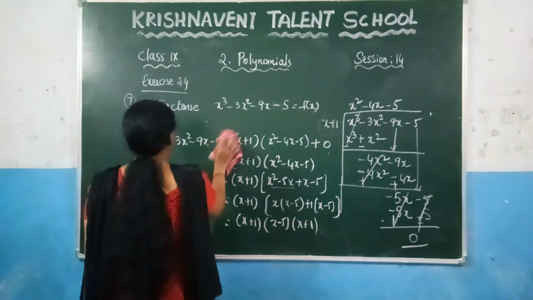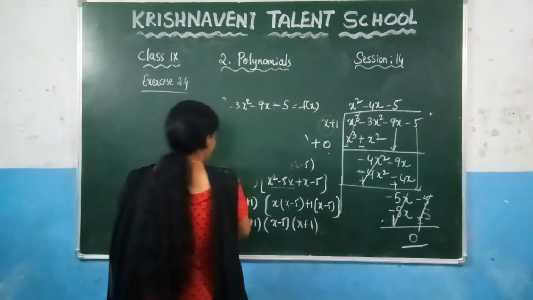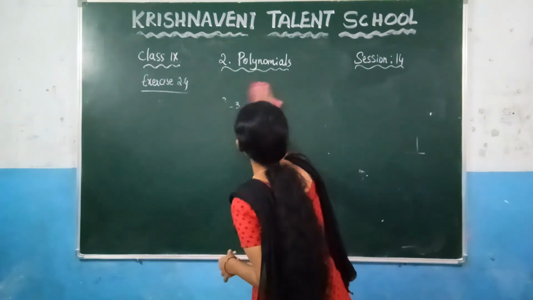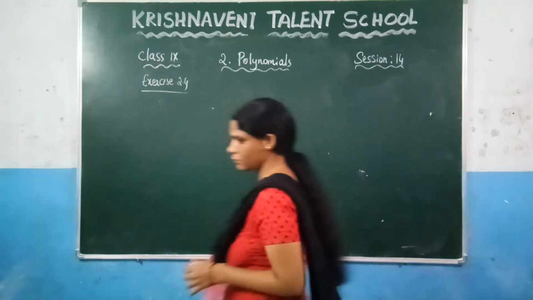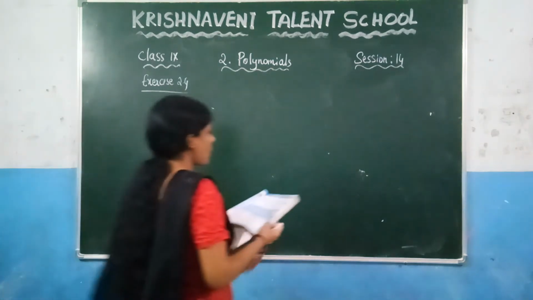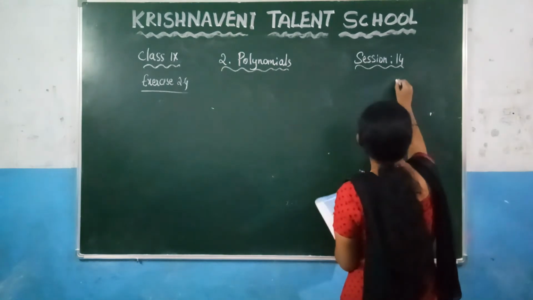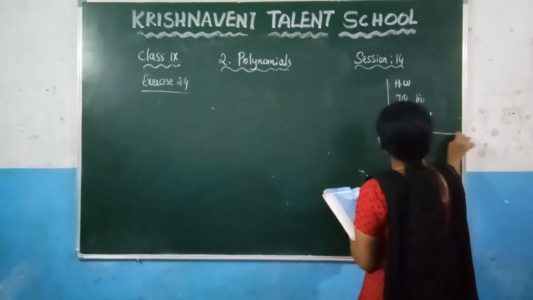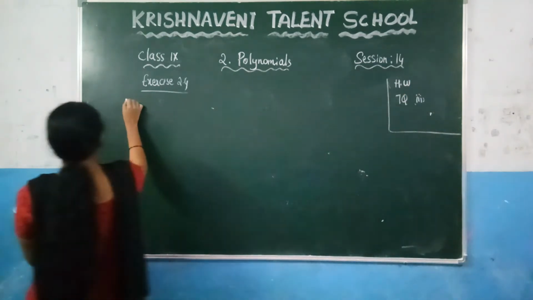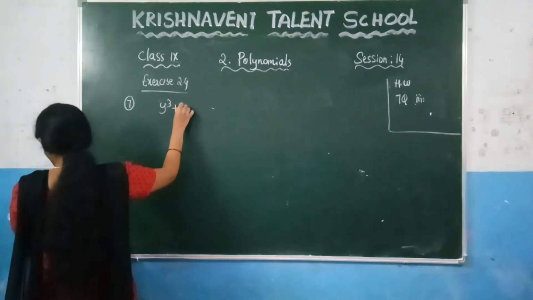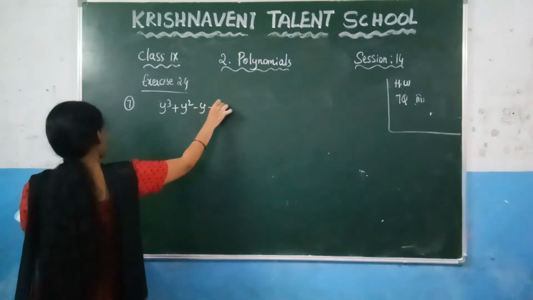So for homework, in the 7th question, you can do the third one. There are 4 questions given. What is the 4th question? See here. The 4th one, y cube plus y square minus y minus 1.